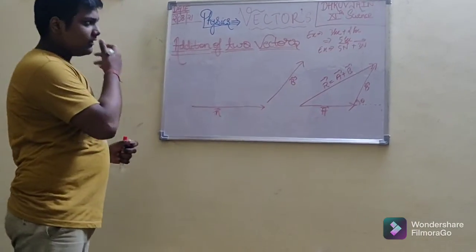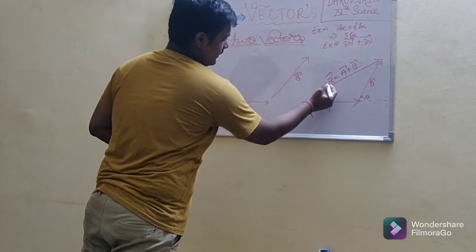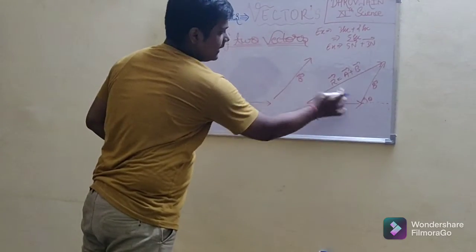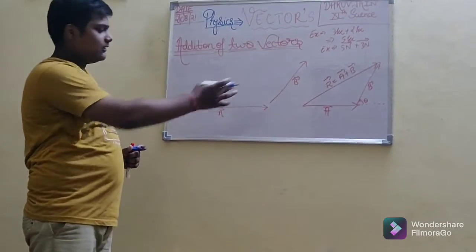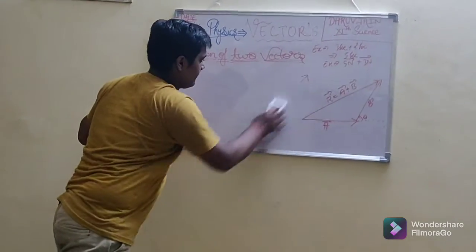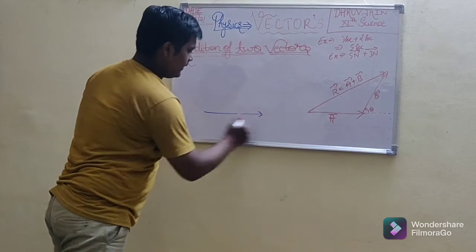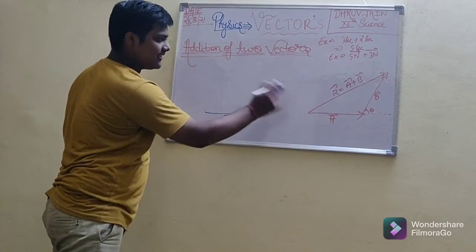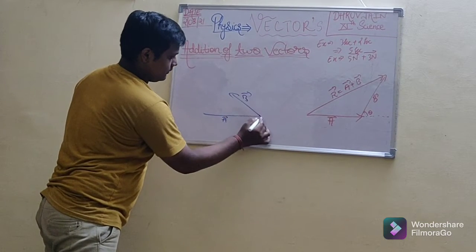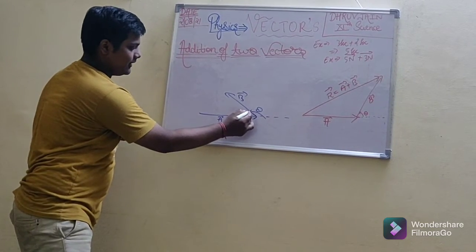Now I want to explain that theta is inversely proportional to the resultant. If we increase theta, the value of the resultant decreases. Let us see how. If I take a similar vector A and now increase the angle theta like this, you have seen that this is theta, and this is theta.